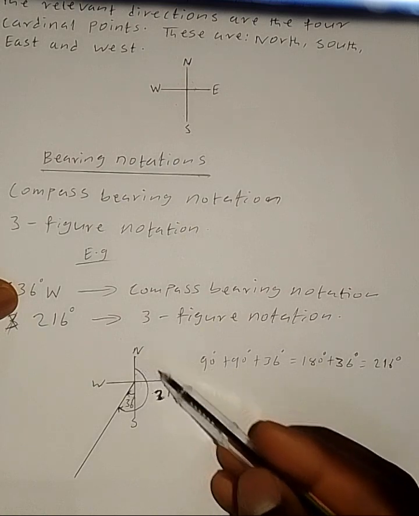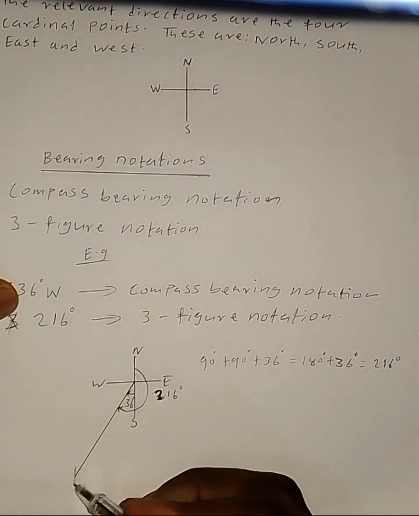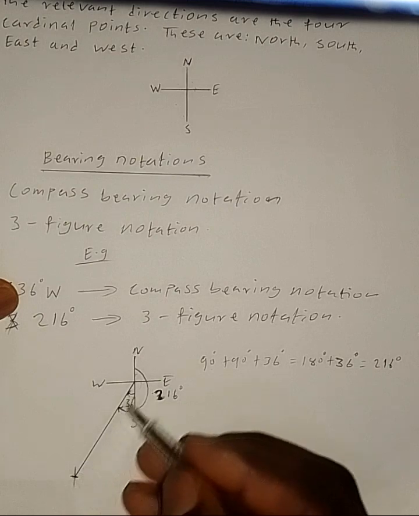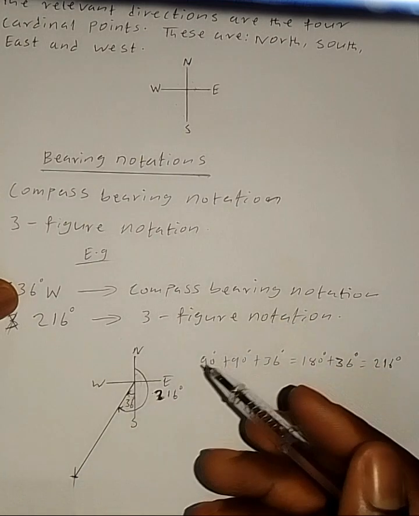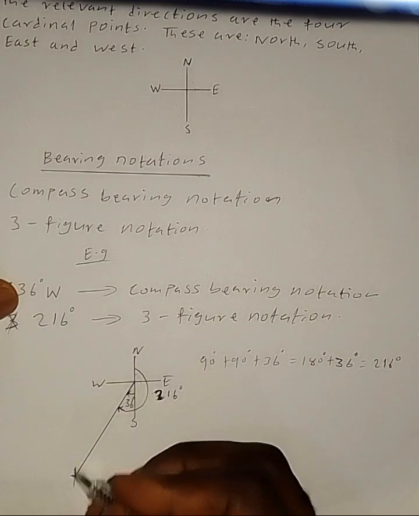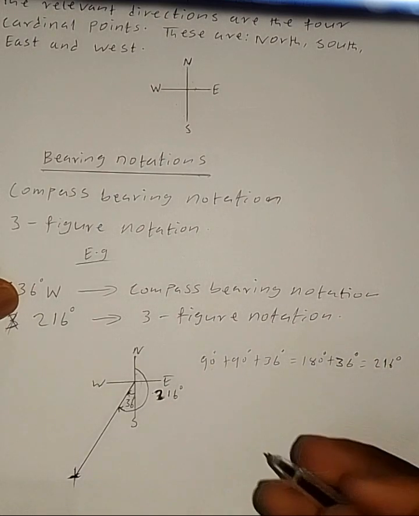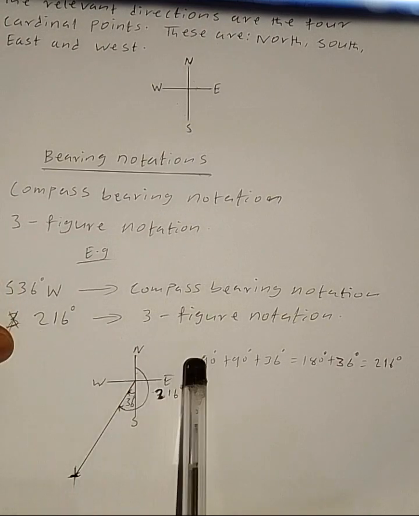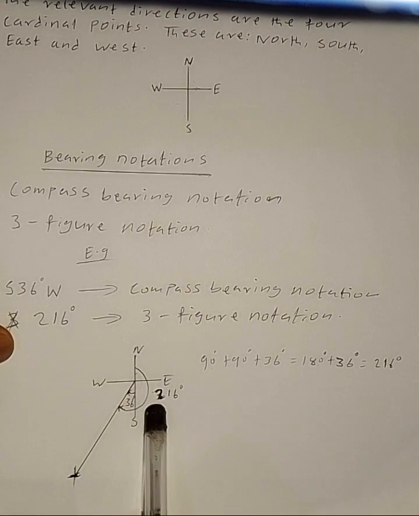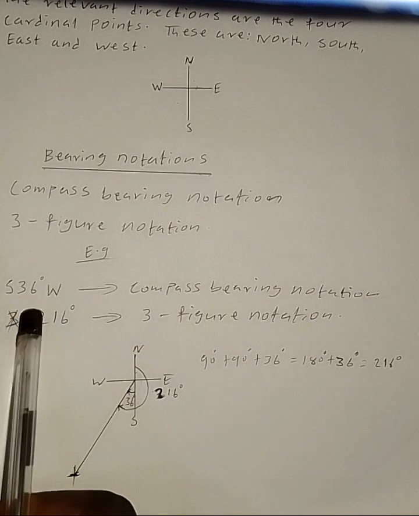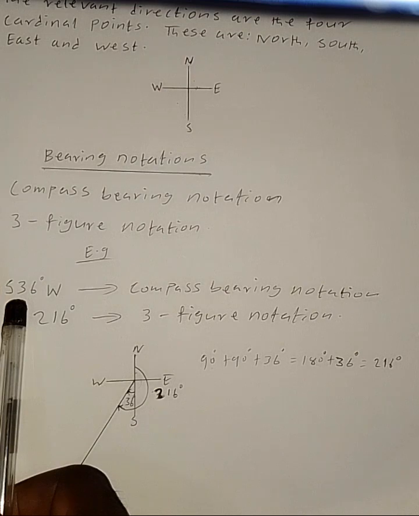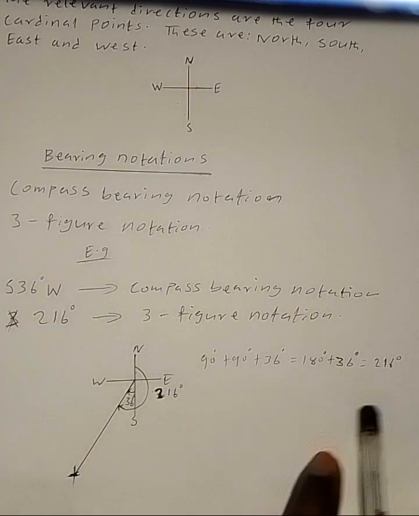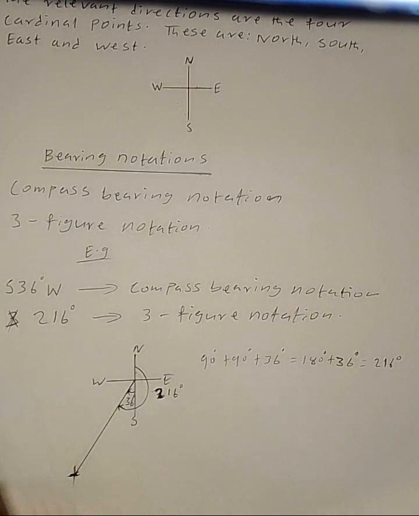Therefore, from north down to that line where I will locate my place, the length is not given, so I will just use an arbitrary straight line to represent the length. So the three-digit notation will be 216. So when given your bearing in compass notation, you can always convert to three-digit notation if you wish to, or if it is required.